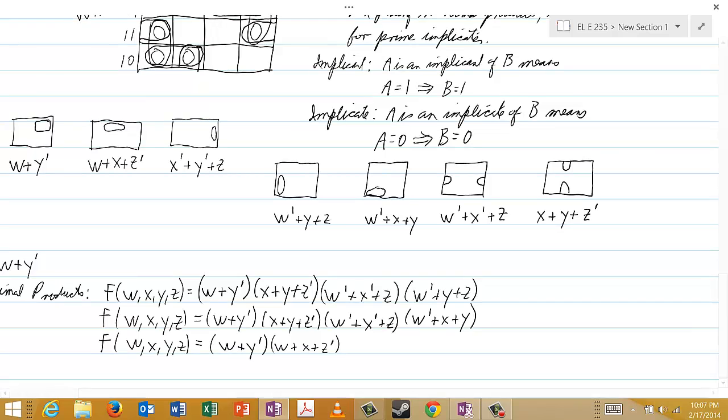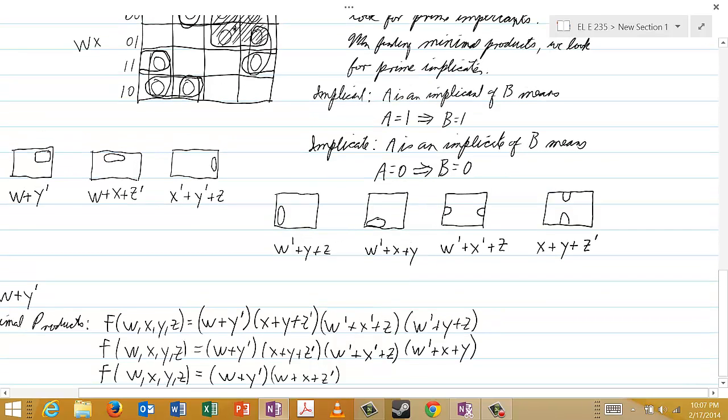And remember also that for this term to be minimal, it can have no more literals than the two previous products we've identified, and therefore it can only have two more of the two-cell prime implicates.